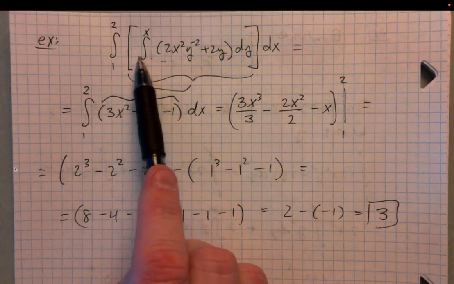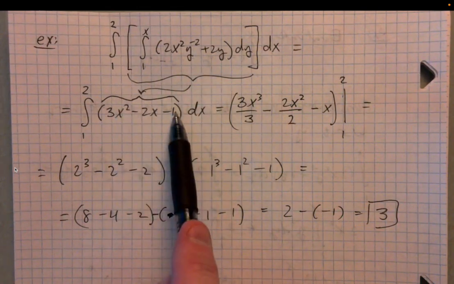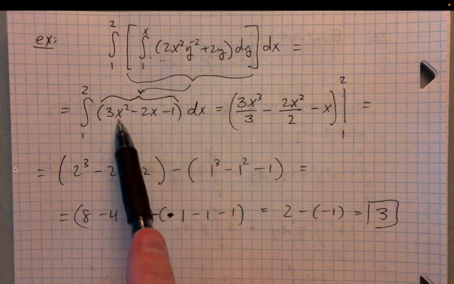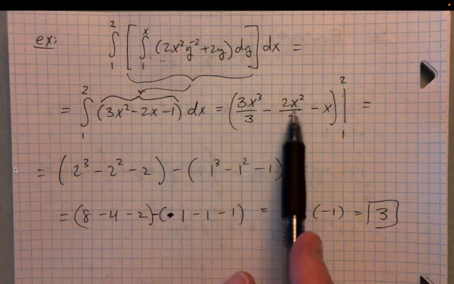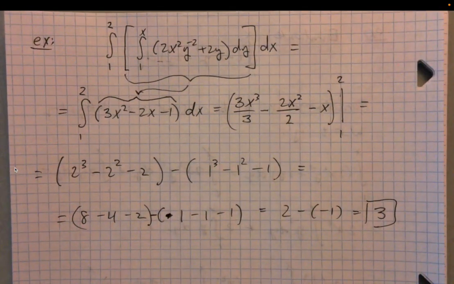And when you evaluate this definite integral, you get a function of x. You then integrate that function with respect to x with real valued limits of integration, and you get a real number. Okay, so you get a real number.